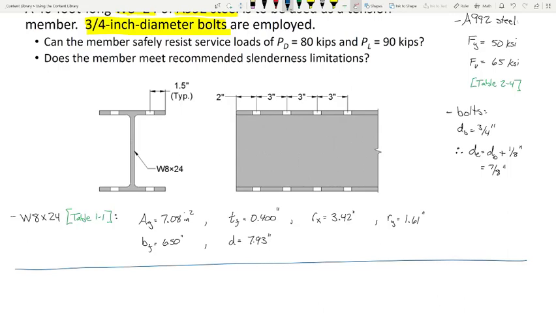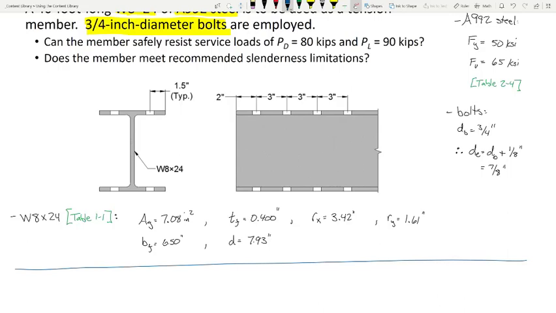Now, we have the following limit states that we are going to assess. So gross section yielding and net section fracture. Now, in order to compute the capacity for gross section yielding, how do we do that? What's the expression? Anybody remember? I'll start you out.